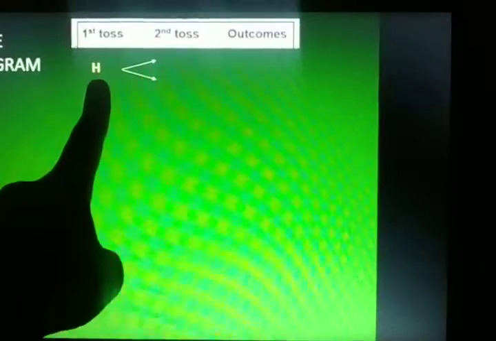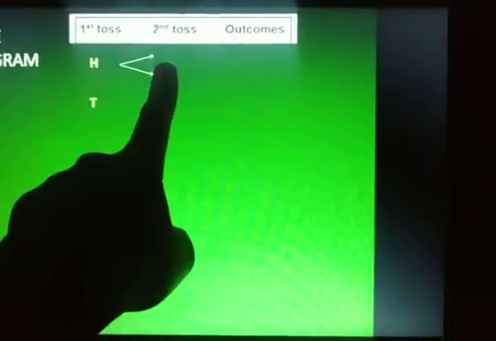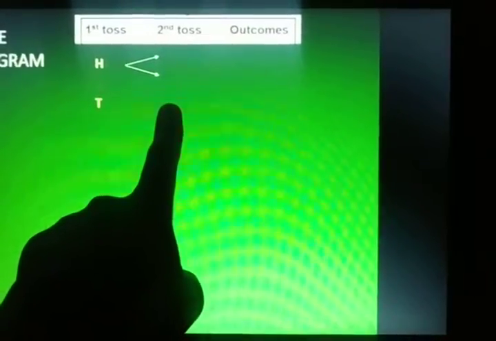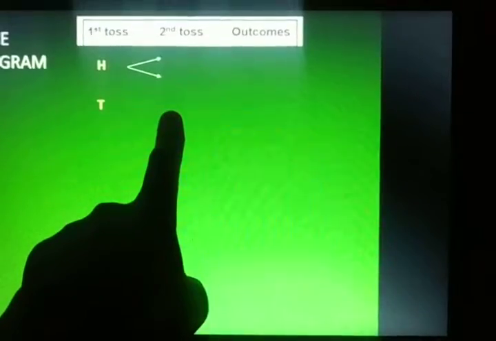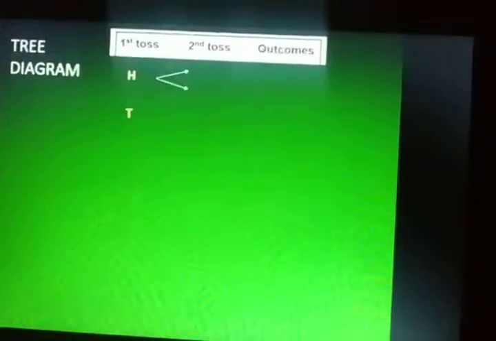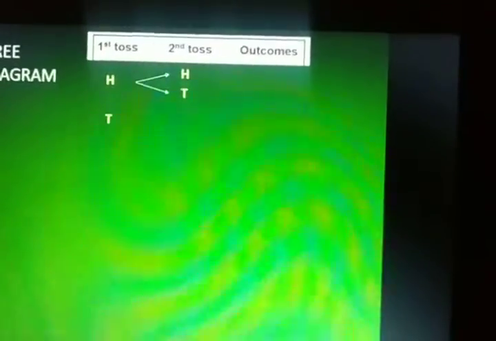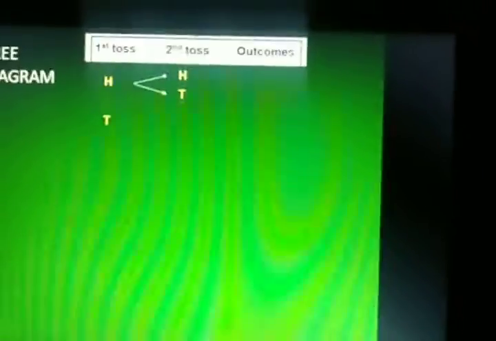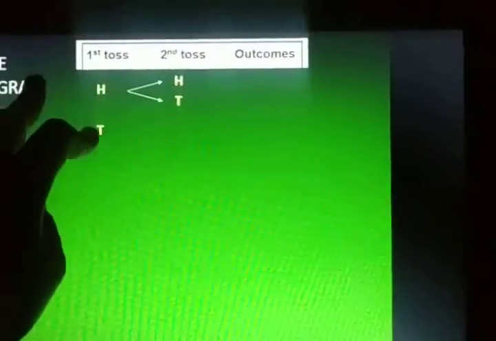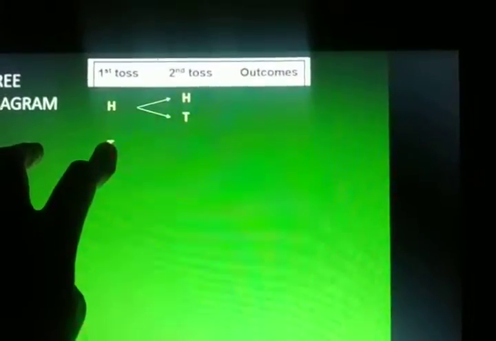Out of the second toss, that you can pair, no? Okay, head and tail can happen. Right? On your first toss, it can be head and tail.